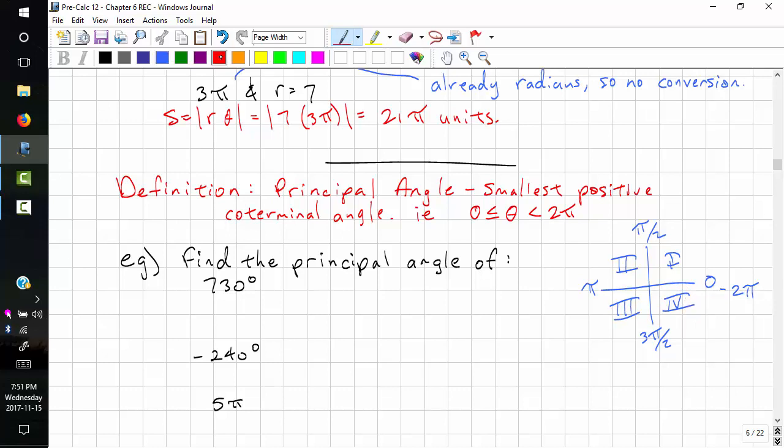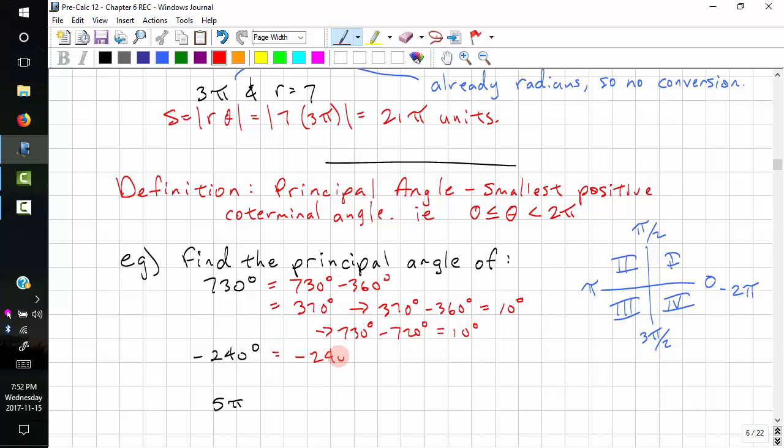Okay, find the principal angle of 730 degrees. You can do this in steps. And then you need to do 370 minus 360. That equals 10 degrees. Or you can just see it right away and say 730 degrees minus 720 degrees equals 10 degrees.